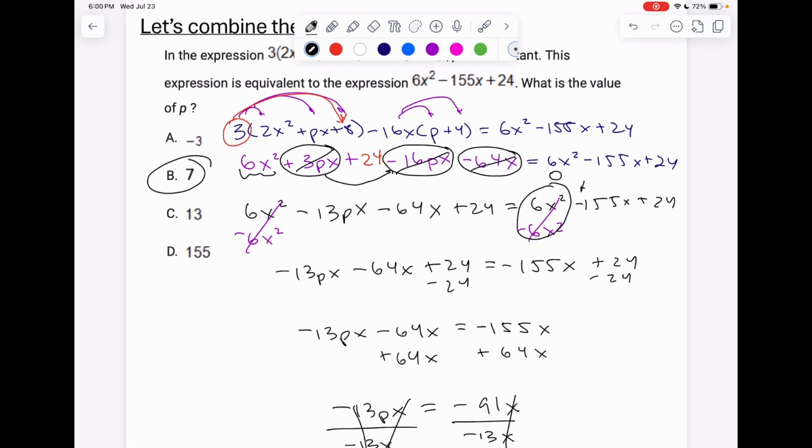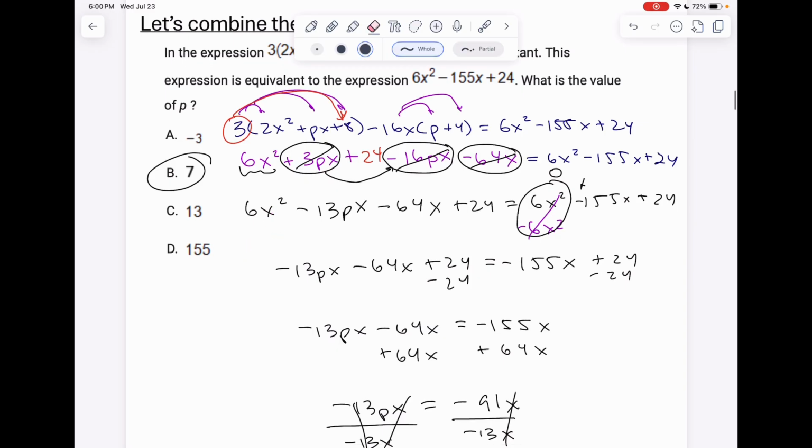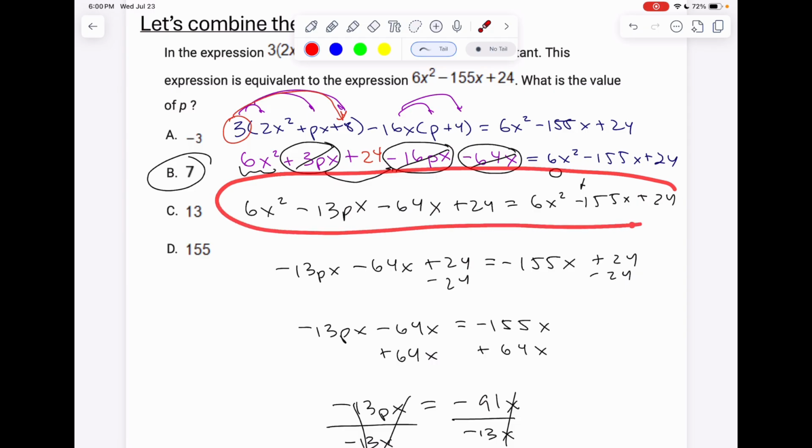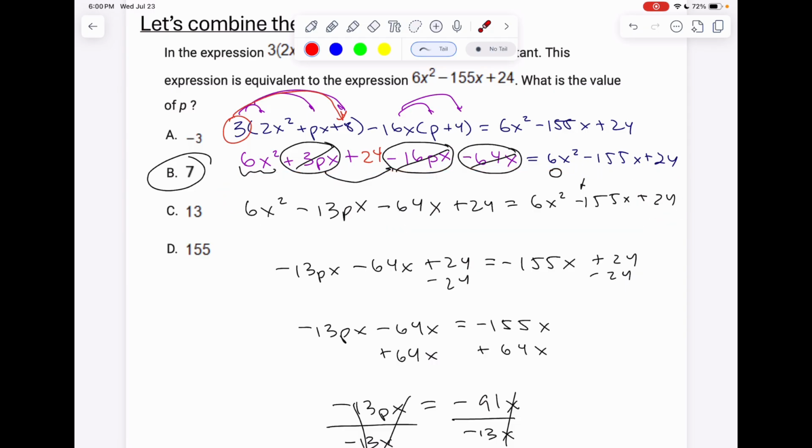Now, if you're very savvy for this type of question, what you might notice is when we're up at this stage right here, you might notice that these 24s cancel each other out. Let's erase them.